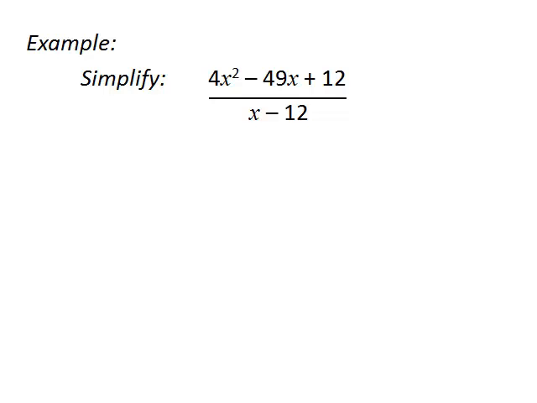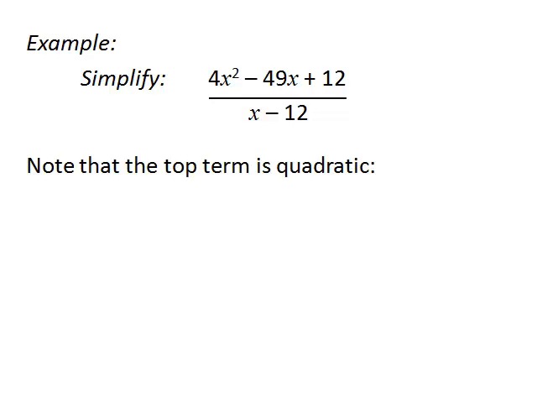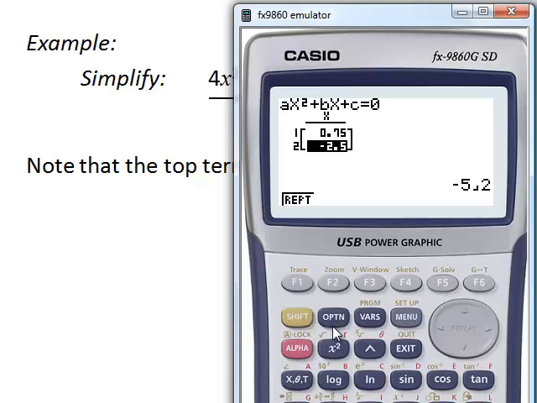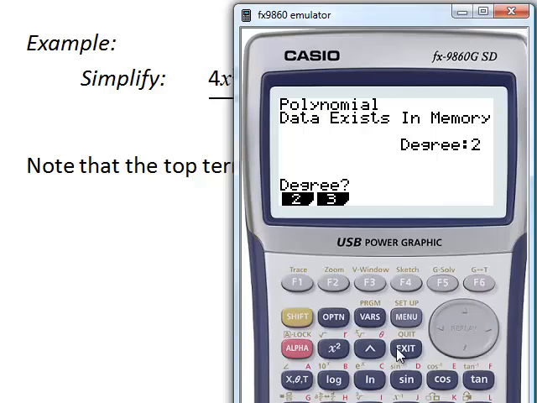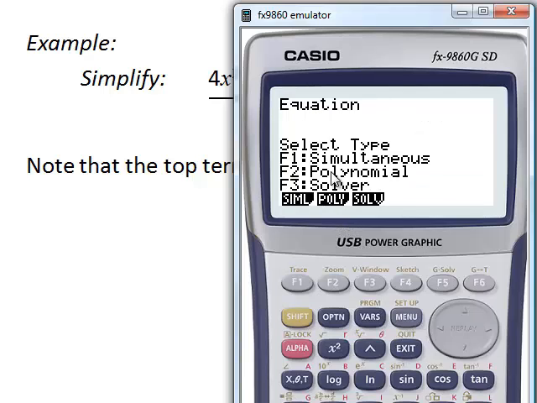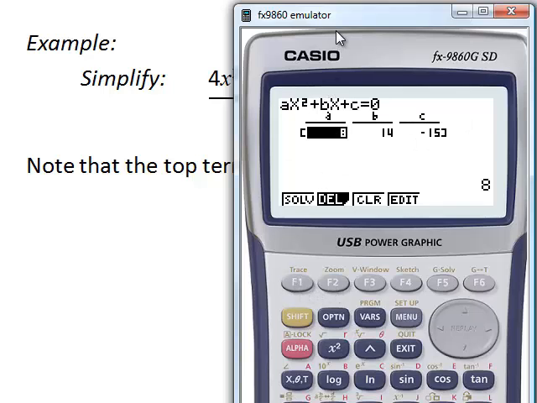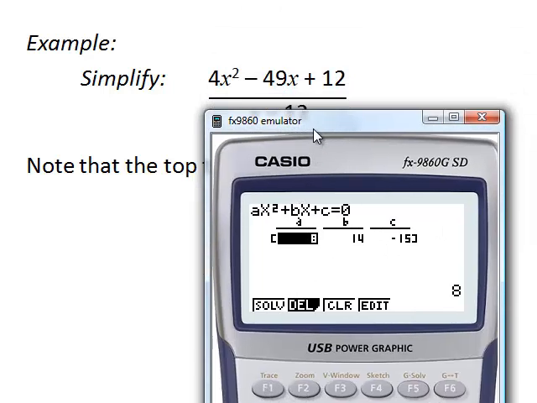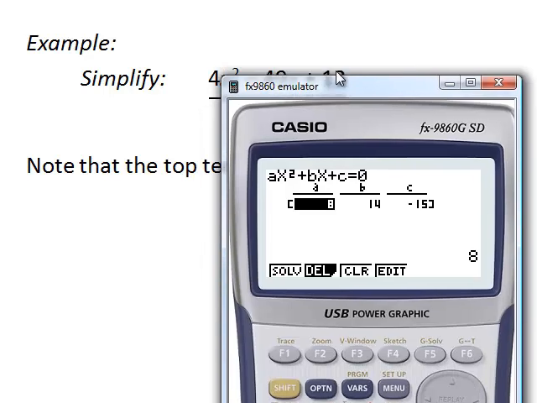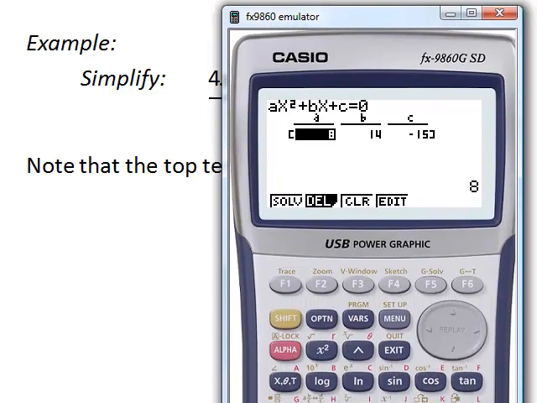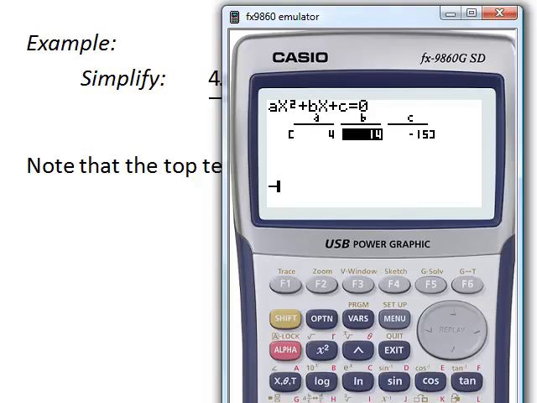So, how do we do it? We take one of these, pretty standard is what we get, and we notice that the top term is quadratic. So we factorize it as if it's a quadratic. We get our calculator out, and in equations, polynomial, degree 2, we type in our coefficients, which are 4, minus 49 and 12.